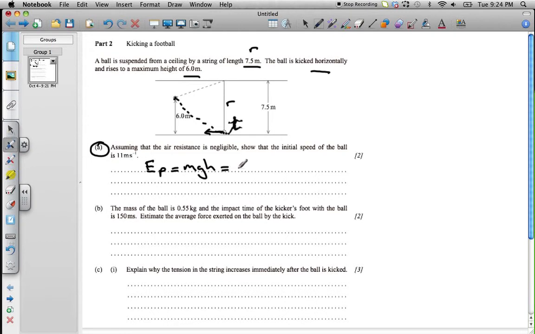The ball has a mass, and actually we don't really have to worry about the mass because that's going to equal half mv squared, and we can see that the masses actually cancel out, which makes that very convenient. So the v squared is actually equal to 2gh, and I find the square root of that. That will actually give me the v.